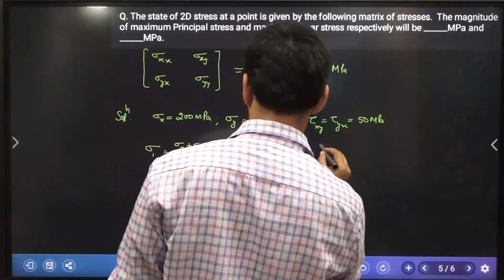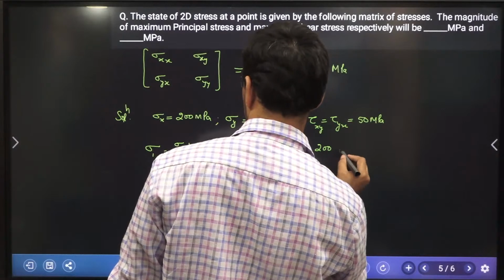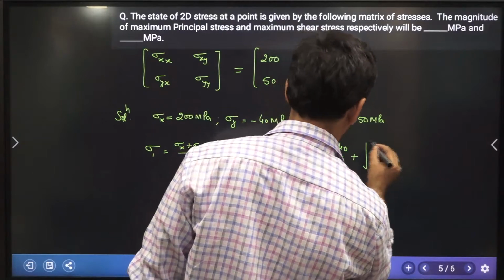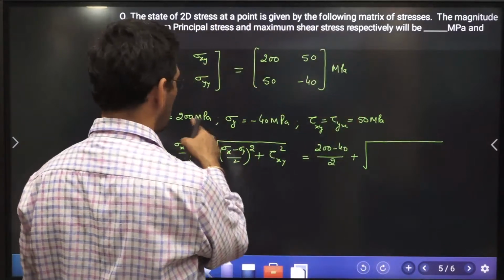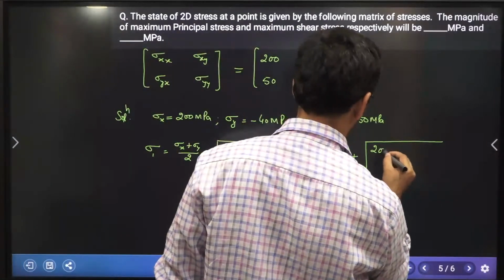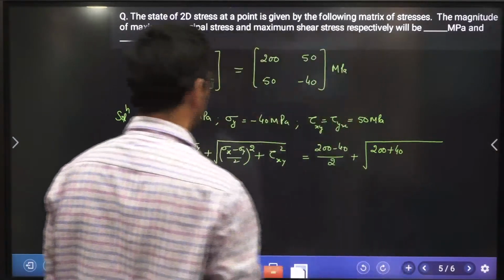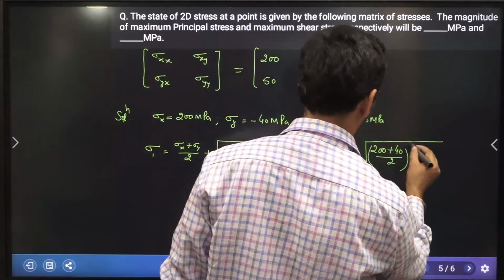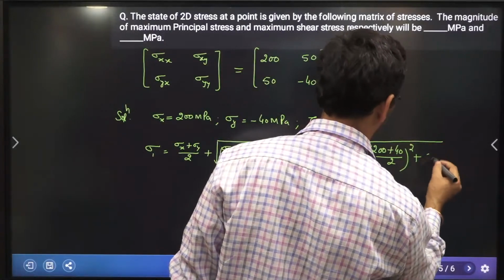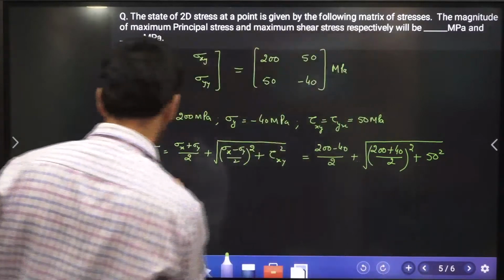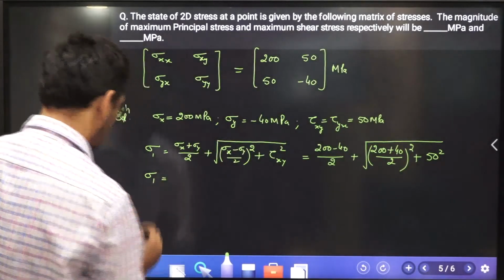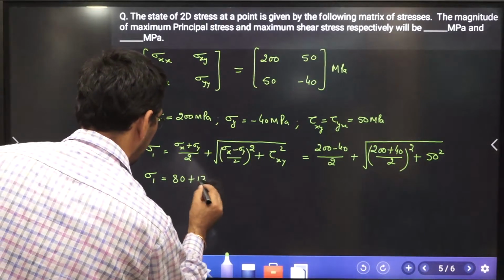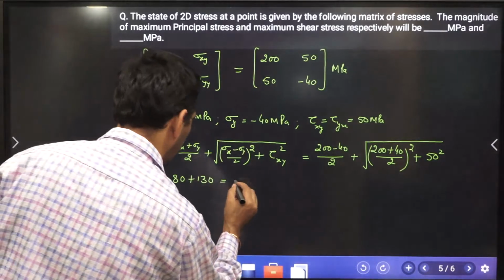So writing it for the sake of the minus y: (200 plus minus 40) divided by 2 plus, and over there it is 200 plus 40, minus minus plus, divided by 2, square, plus tau 50 square. So that value turns out to be 80 plus 130, which is 210 megapascal.